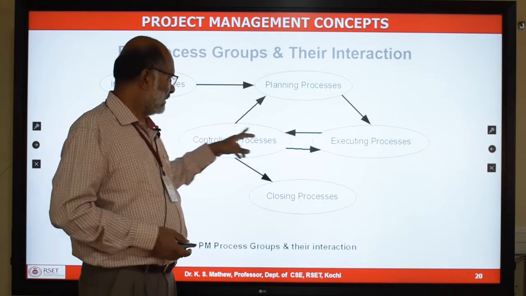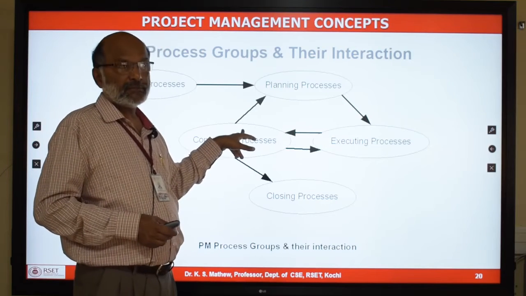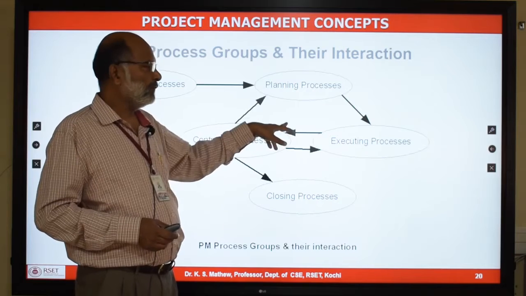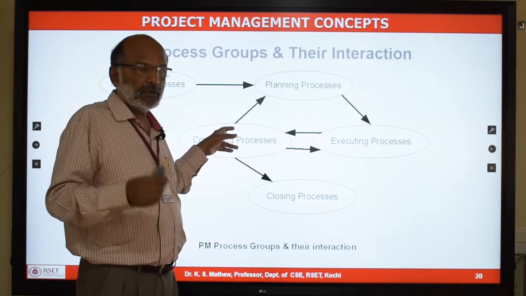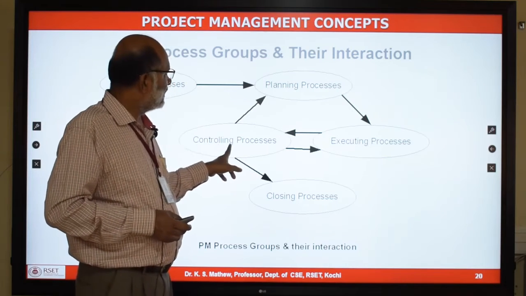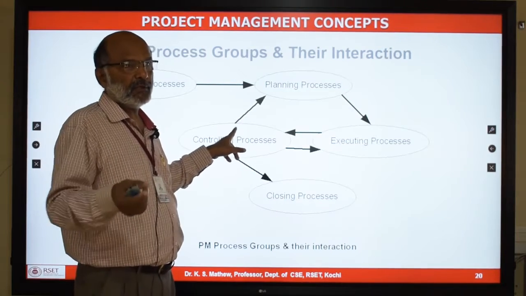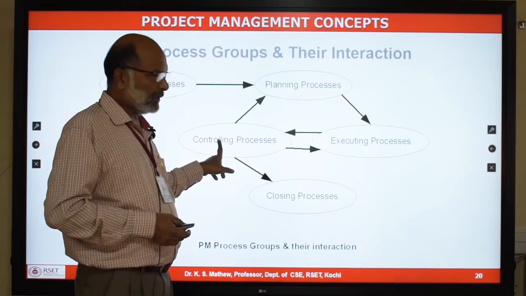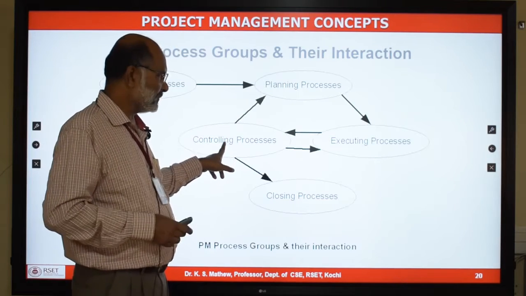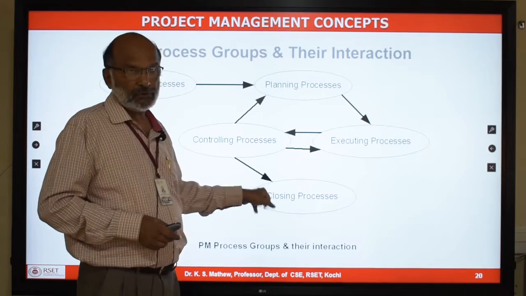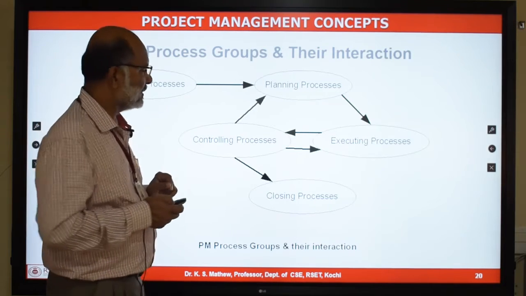And when the controlling processes confirm that all the project objectives have been achieved by validating the work products from the executing processes, it will transfer to the closing process. So the project can be terminated because the project objectives have been achieved. Finally, when all the products have been developed and it meets the requirements of the customer, it goes to the closing process. That is the interaction between different process groups in the project management life cycle.